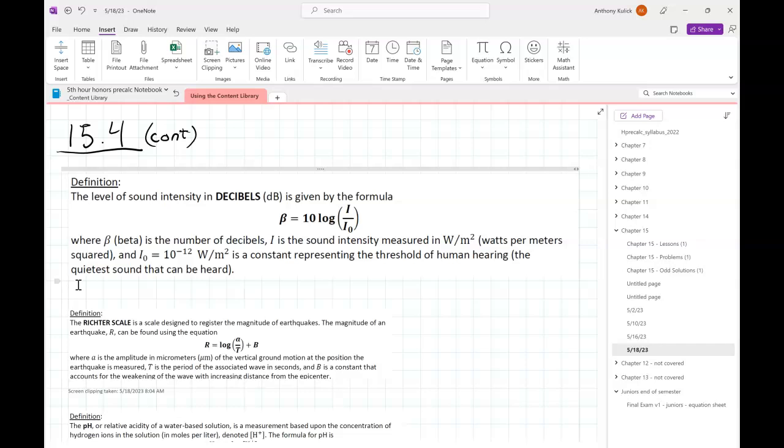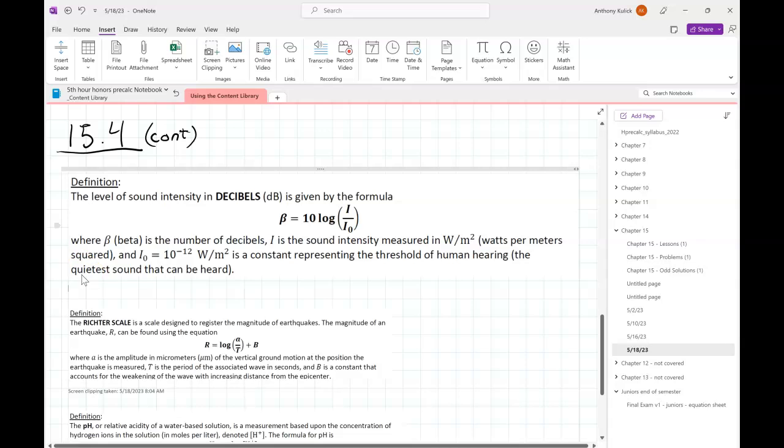The first one we're going to look at is the level of sound intensity, which we measure in a unit called decibels. That's probably a unit you've heard before, whether it's about how loud the football stadium is or the rock concert or whatever. It's probably a unit you've heard at some point in a middle school science class.